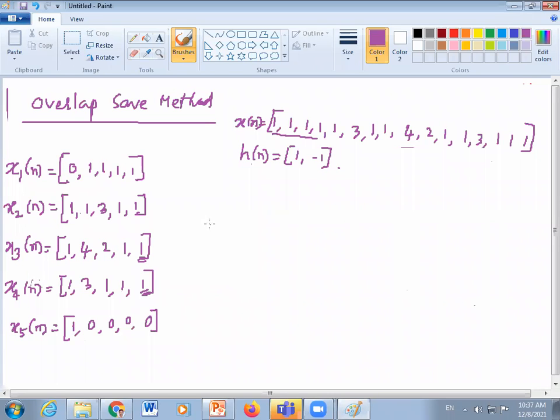Still anybody has doubt? So now let us calculate the value of y1 of n. Just calculate it and tell me the answers. The rest of the procedure is the same. While block forming, we have to be very careful for the overlap add method and overlap save method.